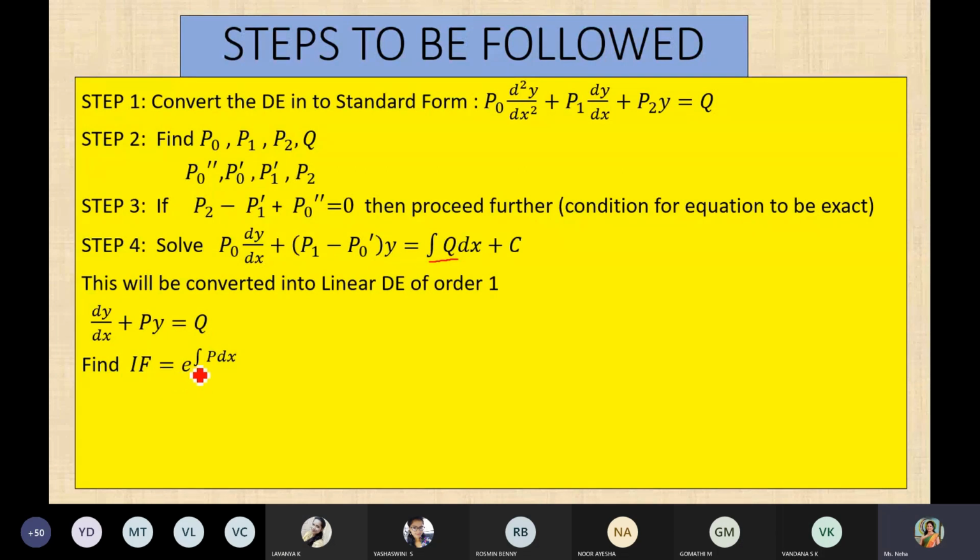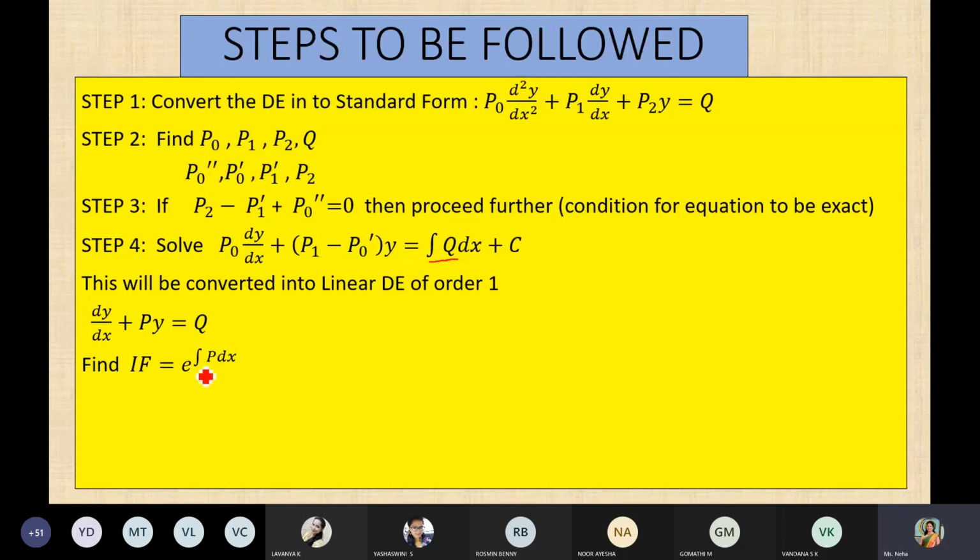Integrating factor is always equal to e to the power integral p dx. Make sure that for p you do not go to your previous p values. Just use the p value from the step right before. So every next step is related to the previous step.